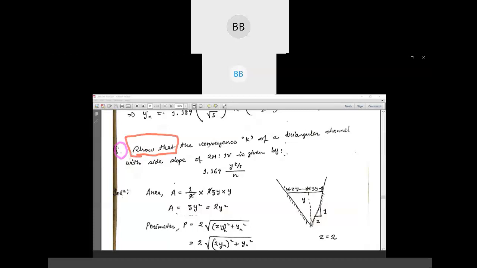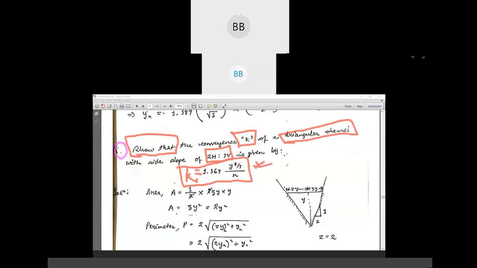Now we have derived the expression for k for a triangular channel with side slope 2 horizontal to 1 vertical, and this is your given expression, that is k is equal to 1.169 y to the power 8 by 3 divided by n. We need to derive this for a triangular channel.